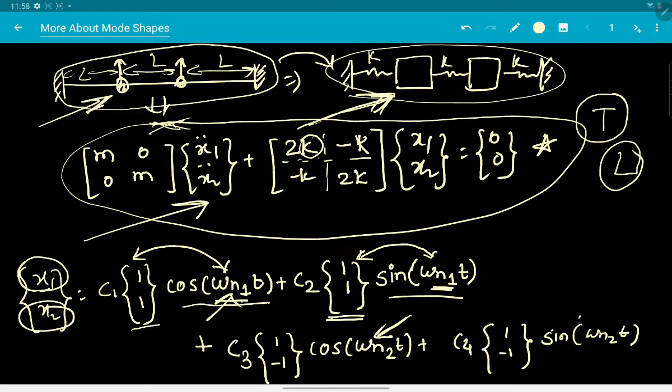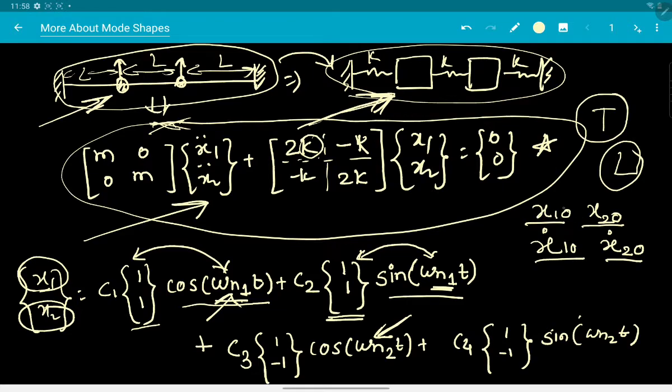Okay, and it all depends on what your initial conditions are, that is what is x1 at time t equal to 0, what is x2 at time t equal to 0, what is the velocity of mass 1 at time t equal to 0, and what is the velocity of mass 2 at time t equal to 0. So these are the four quantities that you will be specifying at time t equal to 0.